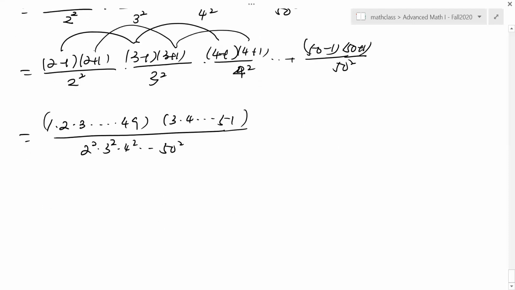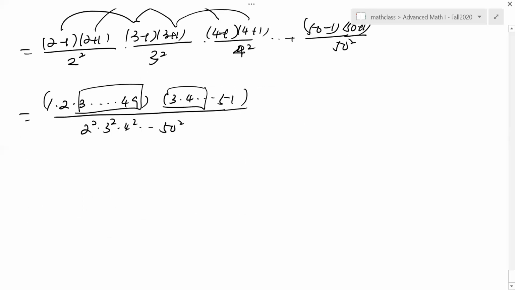I think now you know how to answer, right? There are lots of terms in common. You have at least this part will be the same, right? You get 3 square, 4 square, 5 square, all the way to 49 square, times 2 times 50 and 51.